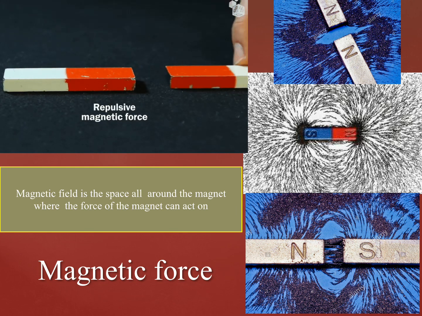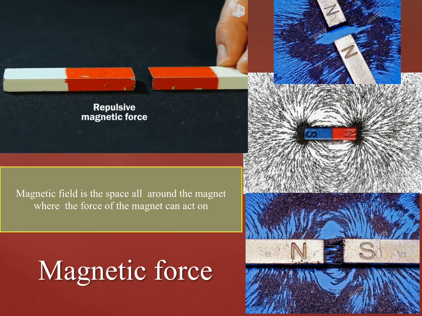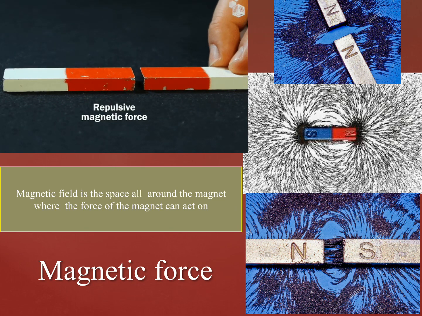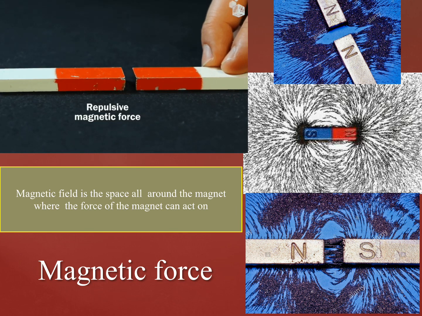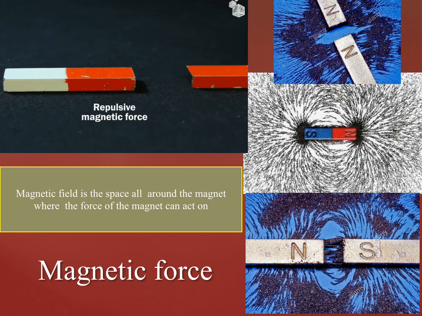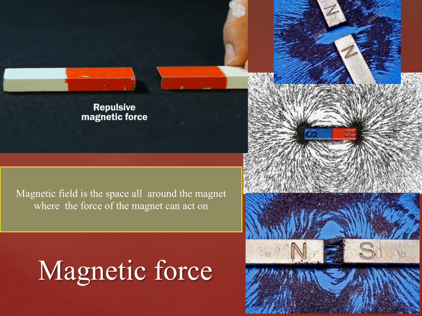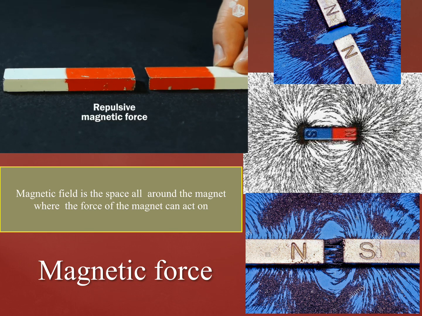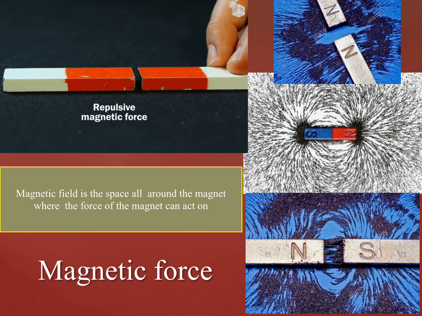Imagine if you held the north pole of a bar magnet near the south pole of another bar magnet, these two bars will attract each other, while the north pole and the north pole of two different bar magnets will repel one another. You can look at the picture in front of you. You can see different poles of two different bar magnets near each other.